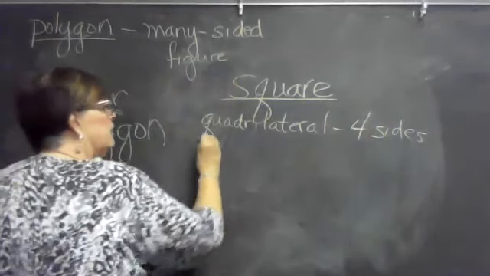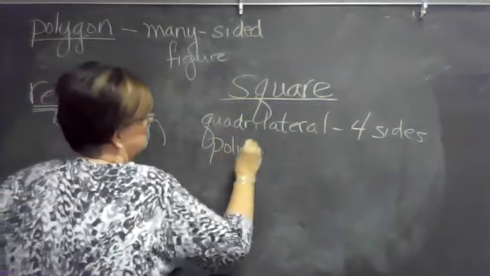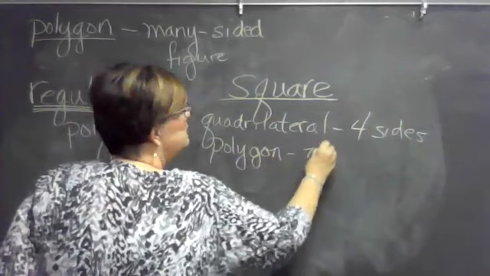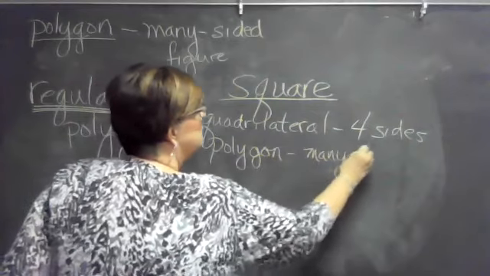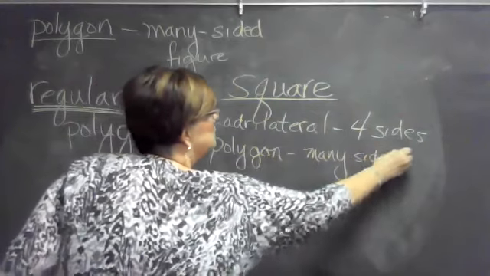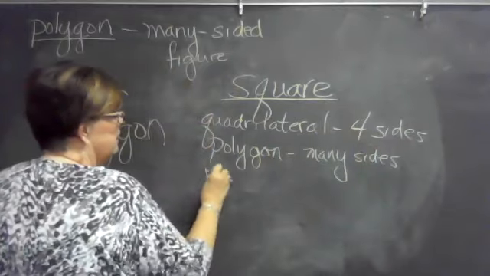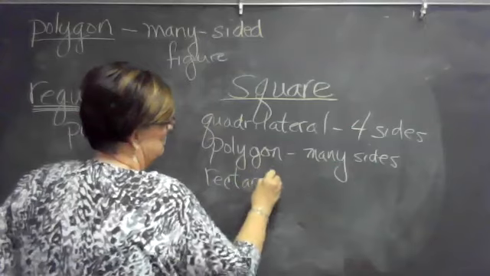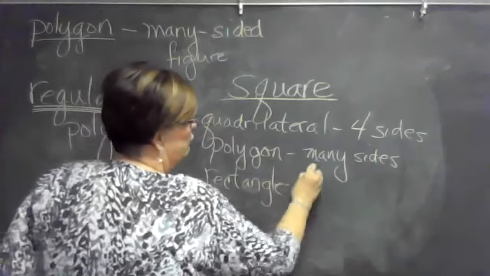You said a polygon, or I did, I don't know. It has many sides. You said a rectangle. Four sides.